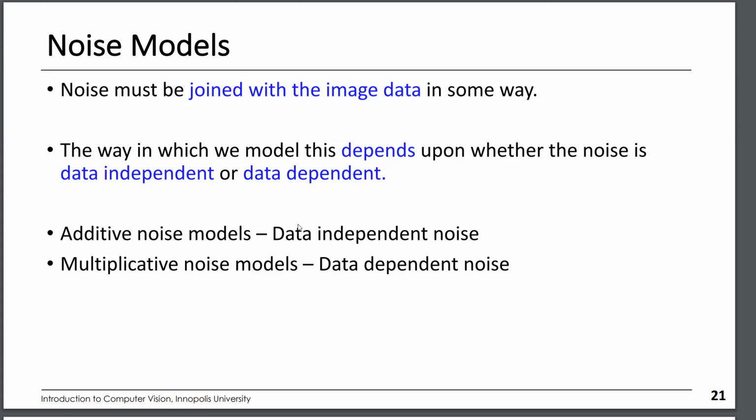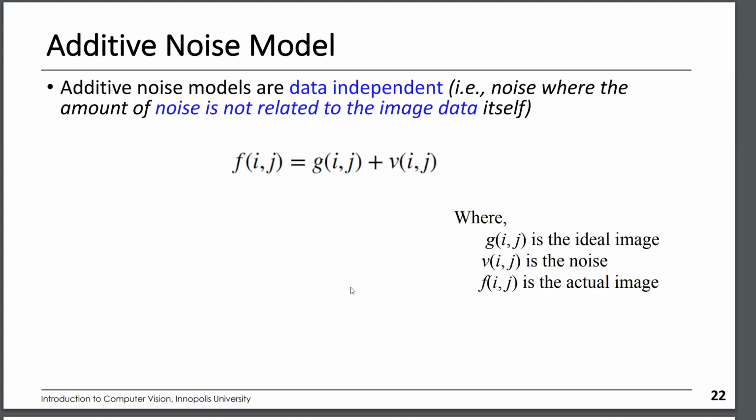Additive noise models, which are the easiest, are data independent noise, right? It's not because the image is an image of a horse that it had a random bit changing. And there are the multiplicative noise models, which are data dependent noise models. A very simple model, the additive model, is represented in this way.